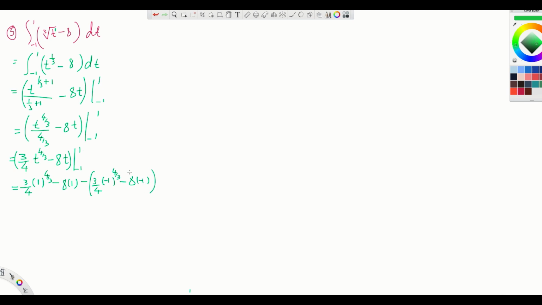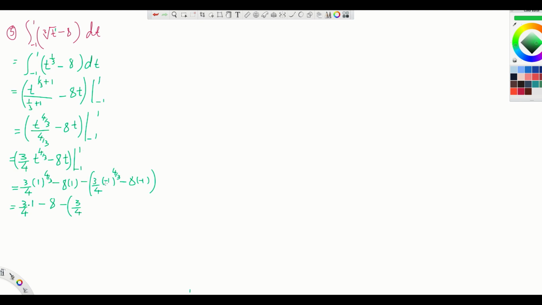You see that? So how much do you get there? Okay, so how much is 3/4 times 1 to the 4/3? 1 to the 4/3 is basically 1, right? Minus 8 minus. So how much is 3/4 times -1 to the 4/3? So how much is that?